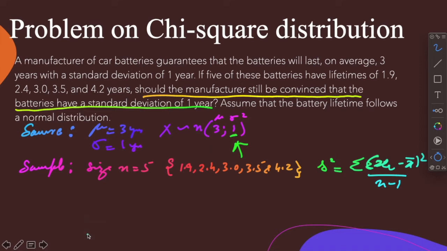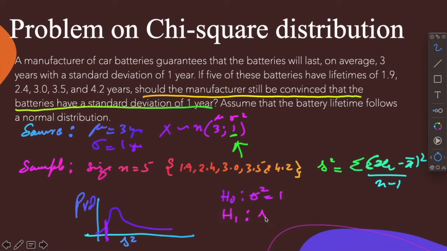You have to see whether S square is 1 or else. So your null hypothesis is that the variance is 1, and your alternate hypothesis is that it is not 1. Not 1 means it can be higher or lower.